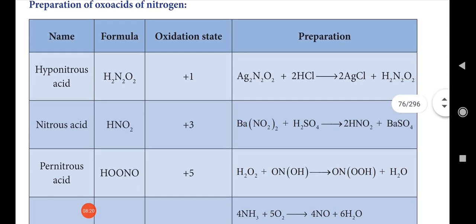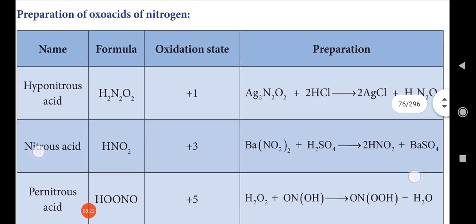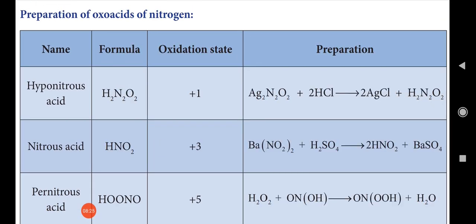Then we are going to discuss the preparation of oxoacids of nitrogen. What we saw above was only structures. So now the preparation of oxoacids of nitrogen. First, hypo-nitrous acid, formula H2N2O2.